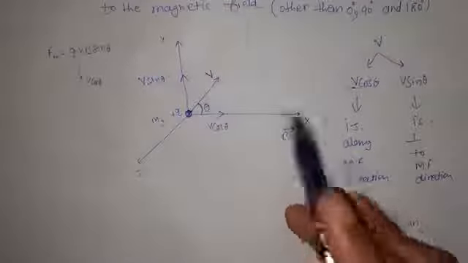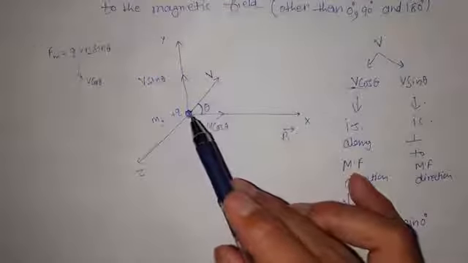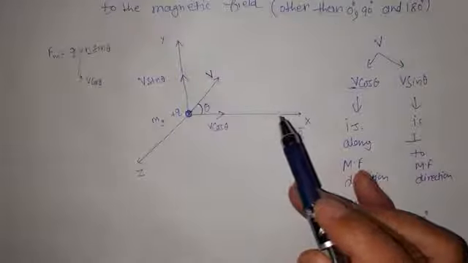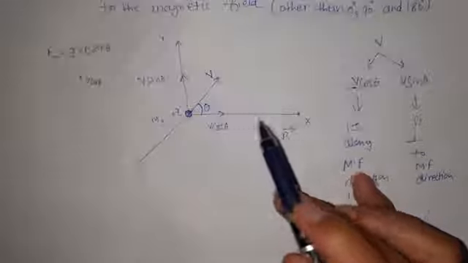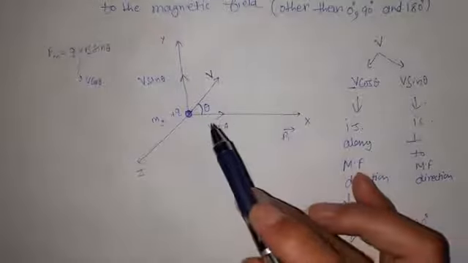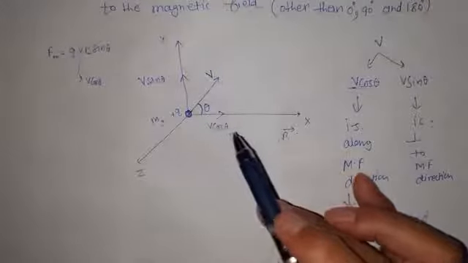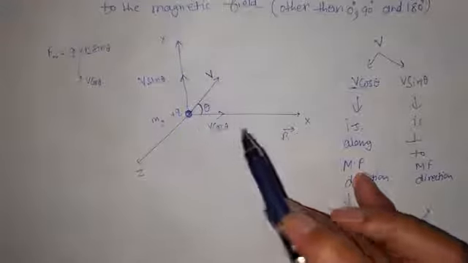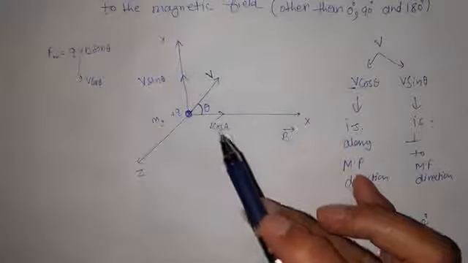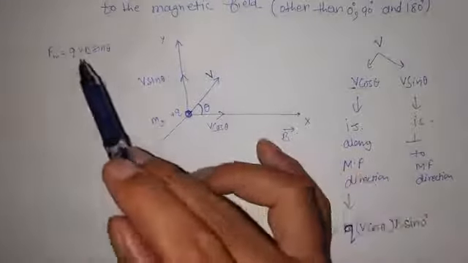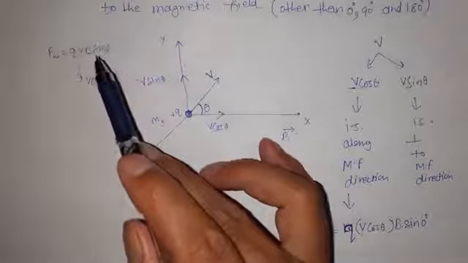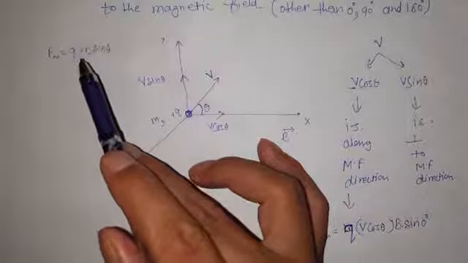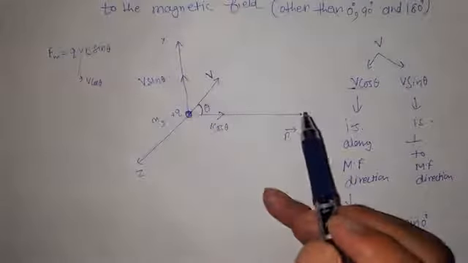Now let us see how much force is exerted when this component of velocity is along the magnetic field, or what will be the magnetic force due to this component of velocity. As we know, the magnetic force is given by q v B sin theta. Now how much is the velocity along this x-axis?